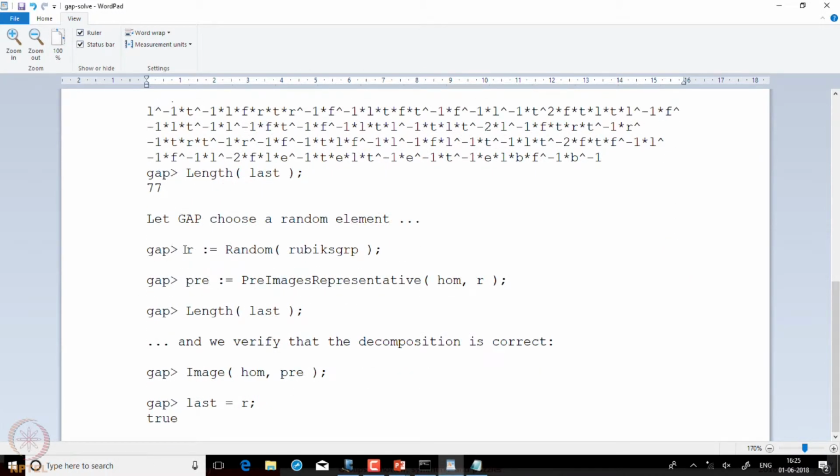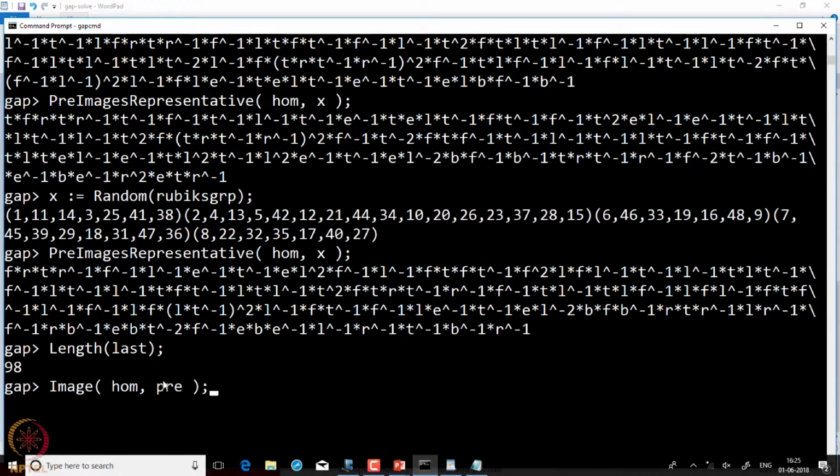Okay, now I have already asked GAP to choose a random element. That's what we did in the calculation, and we can actually look at the image of this. So whatever was X, we can look at the image of that X. Not T, it is X. What's the image?